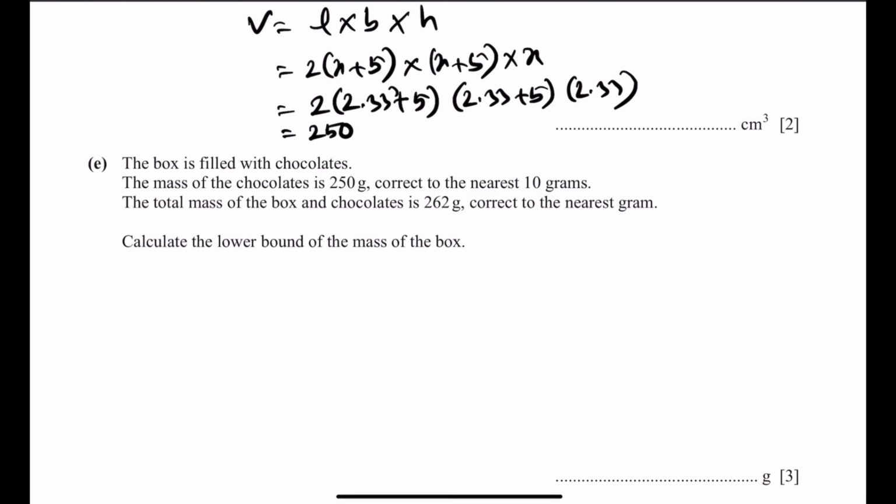Calculate the lower bound of the mass of the box. For the chocolate, lower bound is 245 and upper bound is 255.